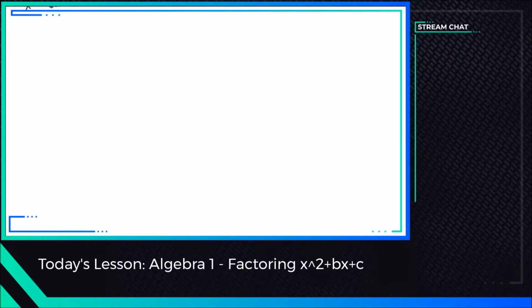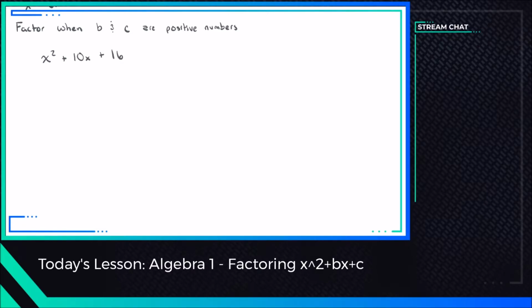So first today, let's get started with what happens when we factor something where both our b and our c are positive numbers. Let's try to factor the following: x squared plus 10x plus 16.